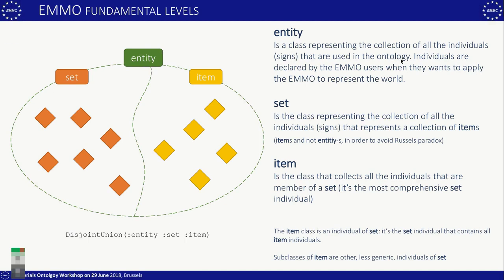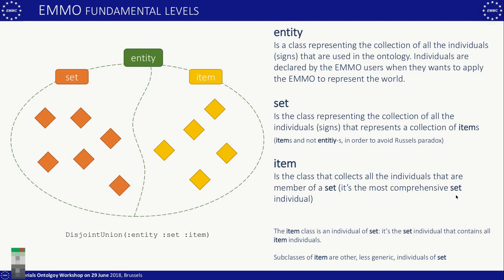So every sign that we use inside the EMMO is an entity. And then we separate entities into two big classes. The set, which is the class representing the collection of all the individuals, the signs that represent a collection of items, and item, which is the class that collects all the individuals that are members of a set.